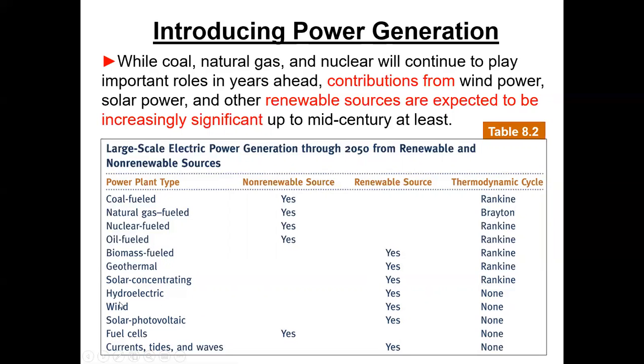And then we get down here to most of the renewables. Hydro, no, I mean it's just water flowing through a turbine, so it's not a cycle. Wind pushes the blades on the windmill, it turns a generator. Photovoltaic, that's semiconductor type material.